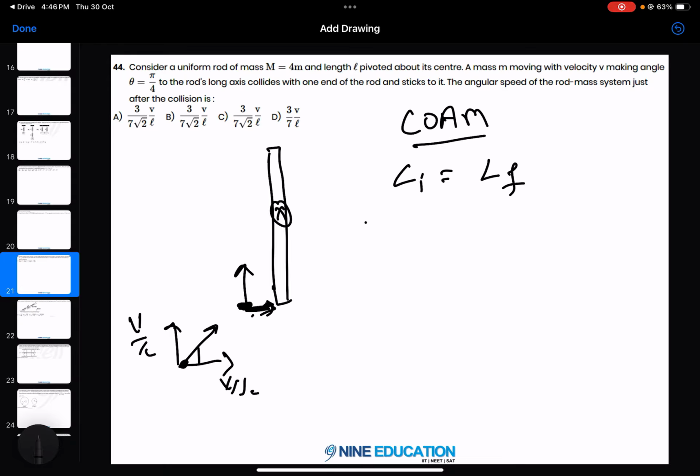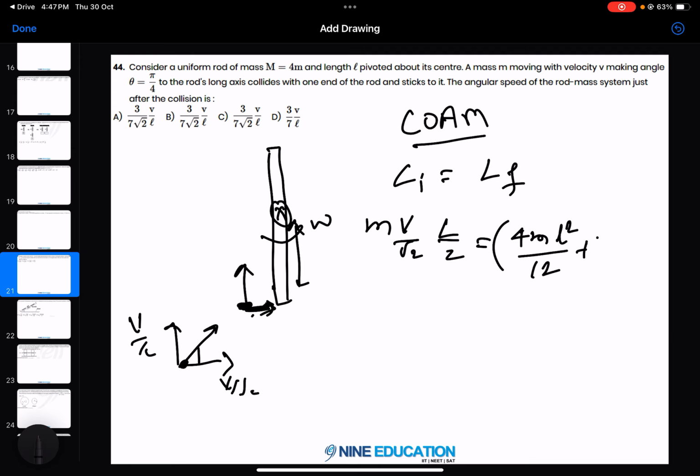So initial angular momentum will be m v by root 2 into this distance, which will be L by 2, and final angular momentum, both of them will stick together and move with the same angular velocity omega.